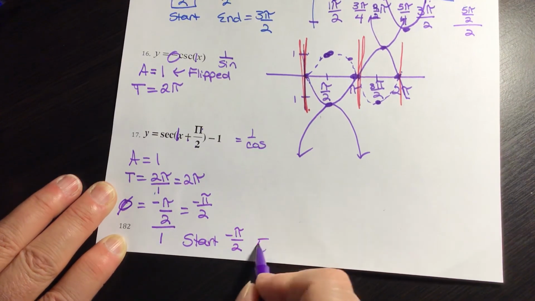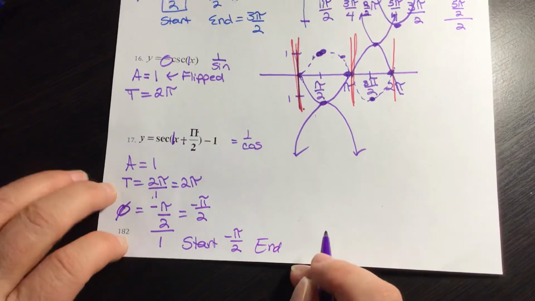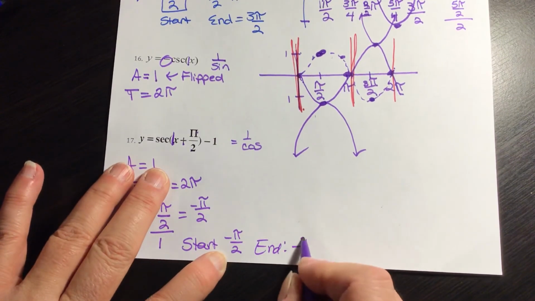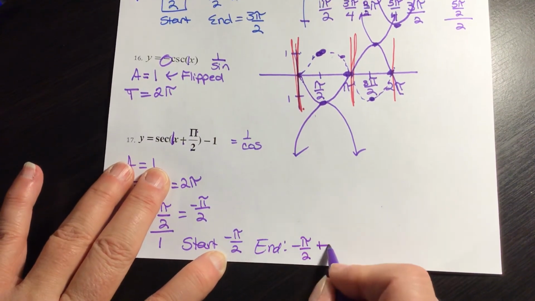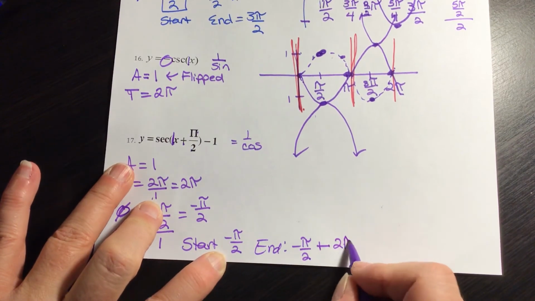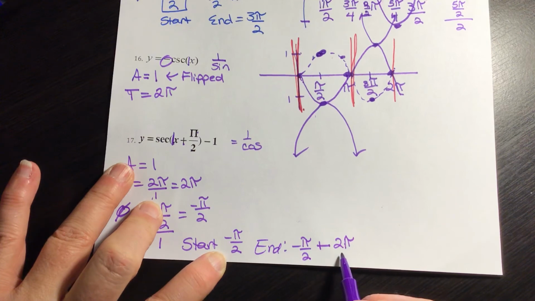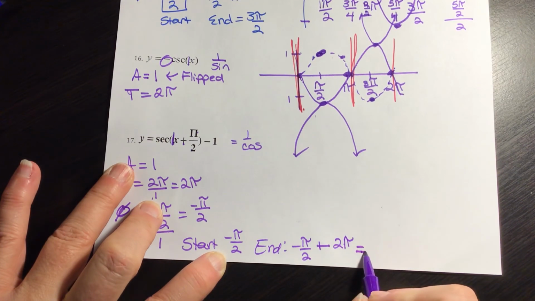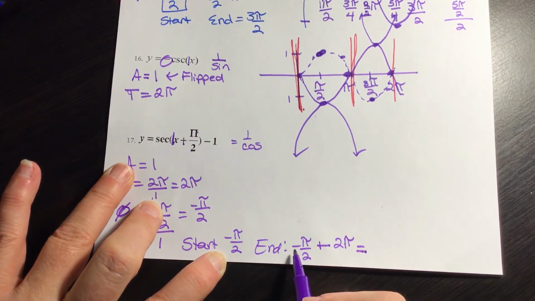I'm going to end at negative pi over 2 plus my period, which is 2 pi. Oops. So this would be 4 pi over 2.